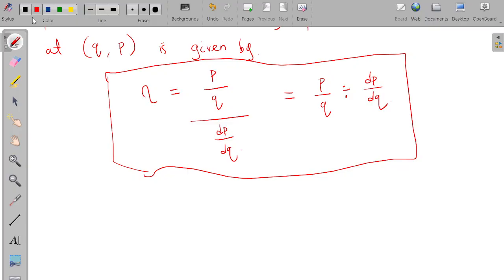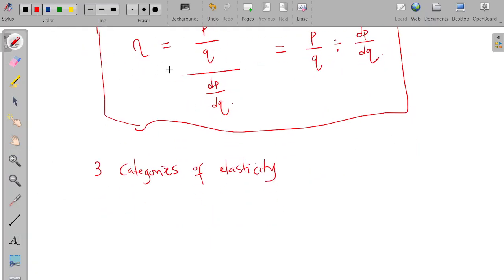And we need to know this point elasticity of demand has three categories. Number one, after we find our point elasticity of demand, we take the absolute value of it, and if the absolute value is greater than 1, then the demand is elastic.